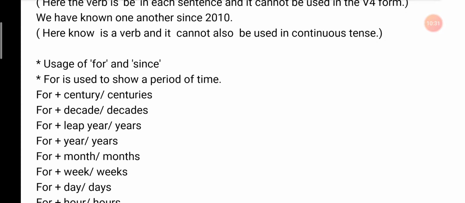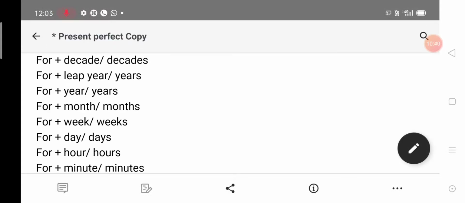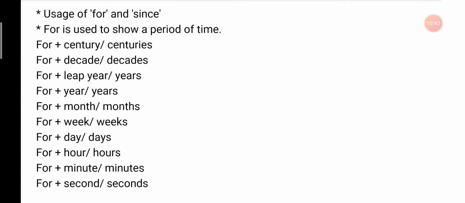Uses of for and since. For is used to show a period of time. See the structure of for: for plus century or centuries, or it is followed by any numeral, such as 5 centuries, 10 centuries.